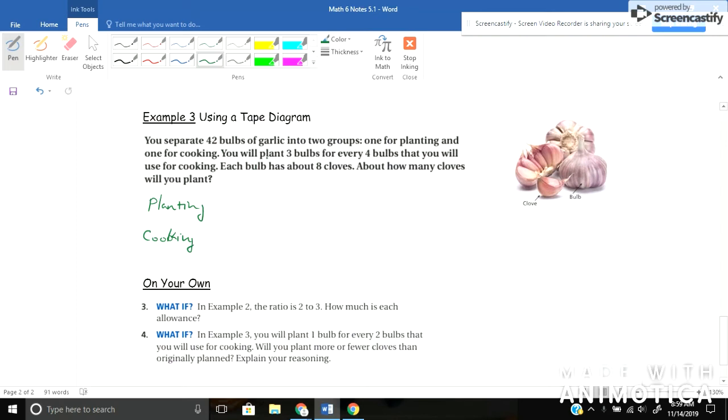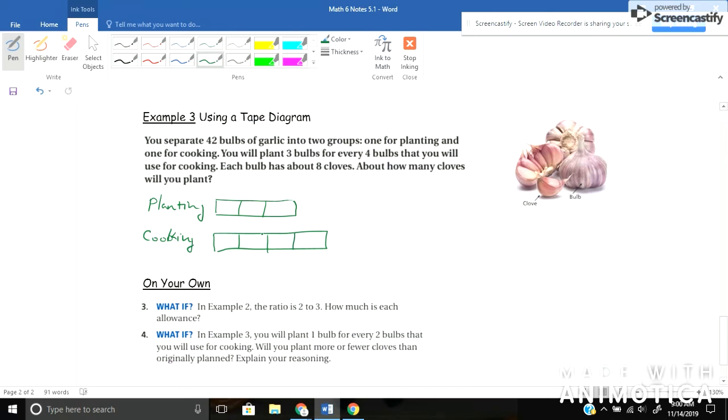Okay, so plant 3. So in my tape diagram here, I'm going to separate that into 3 for planting. And for my cooking, every 4 bulbs you'll use for cooking, so I'm going to make that into 4 segments for cooking. 1, 2, 3, 4.